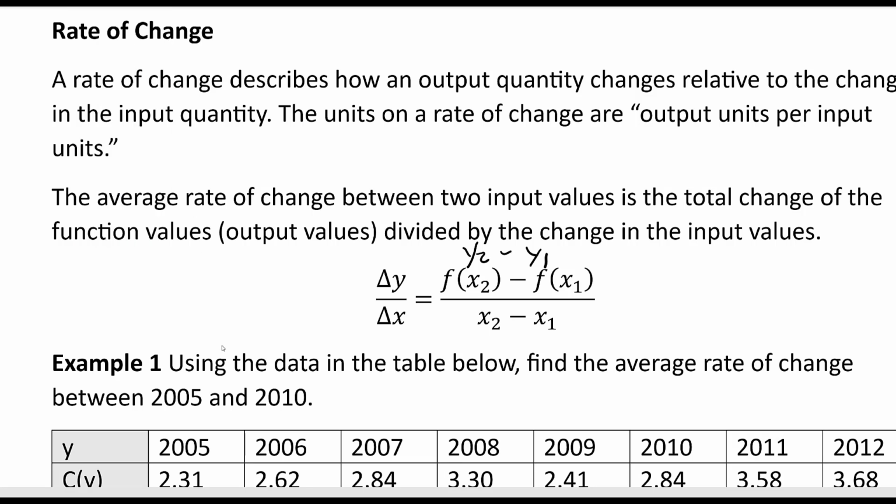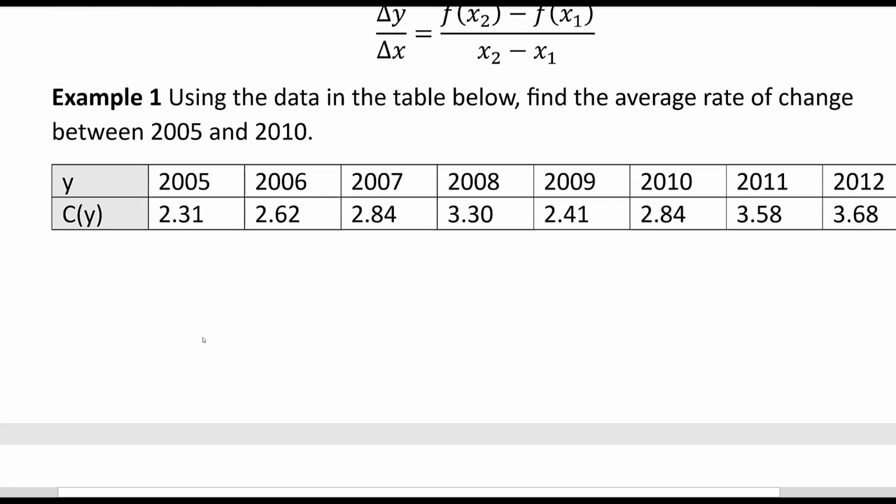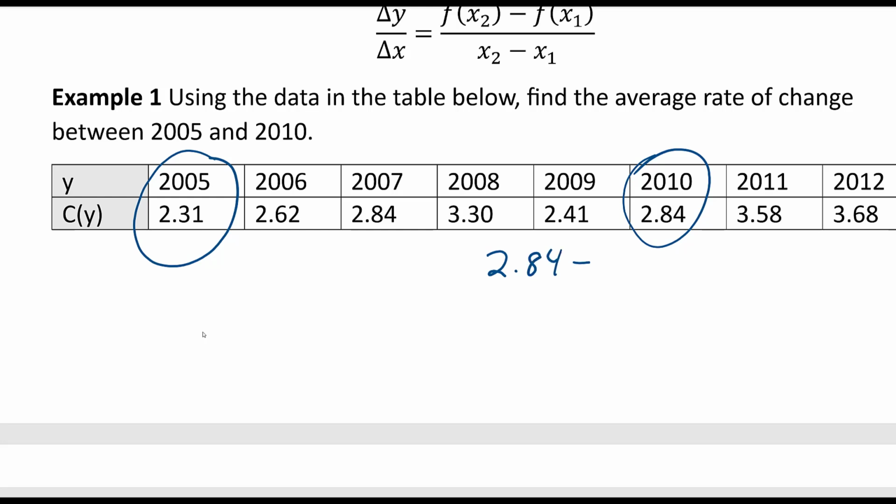Okay, let's go ahead and look at example 1. Using the data in the table below, find the average rate of change between 2005 and 2010. So 2010, we're looking at this set of data, 2005 here. So we have the change in y is 2.84 minus 2.31 divided by, so that's the output values, 2010 minus 2005.